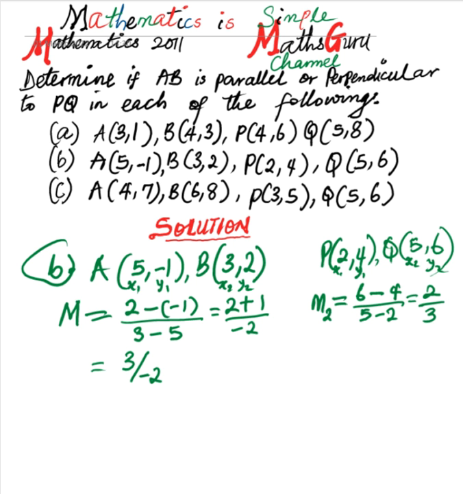So we have this as 2 over 3. All right, so it means M2 is equal to 2 over 3.